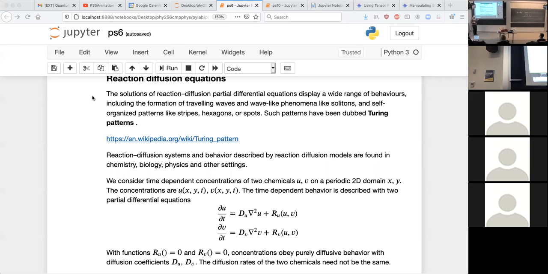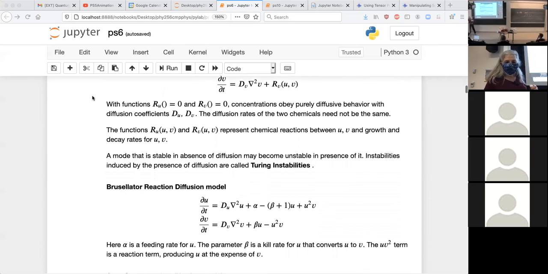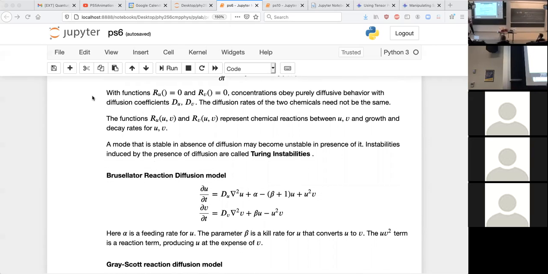I put in one of the cute ones, the Brusselator, and the Gray-Scott model. They're pretty rewarding to code up because they give you lovely patterns. These are chemical reactions. This one is the Brusselator model, and there are these coefficients, and this u squared v term is nonlinear.